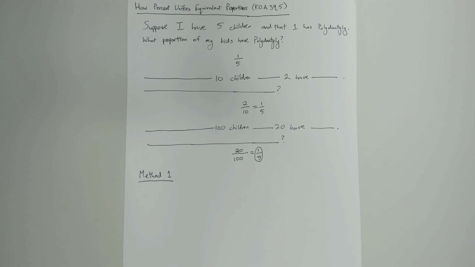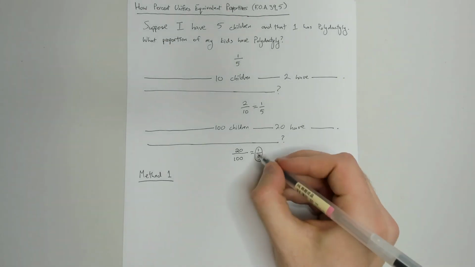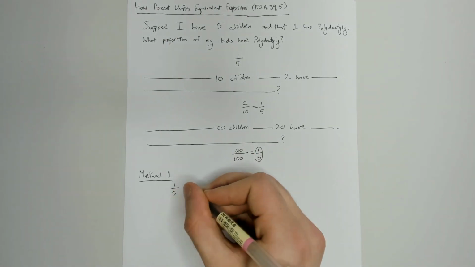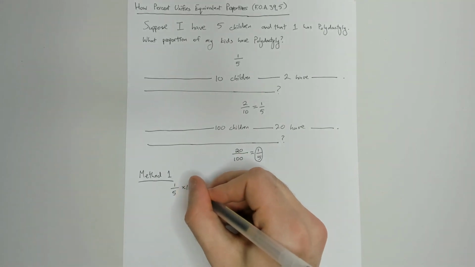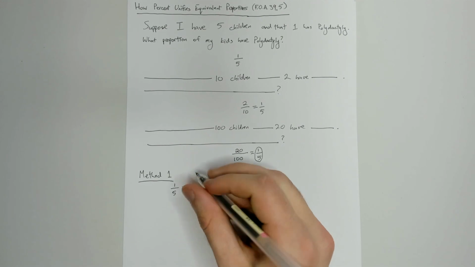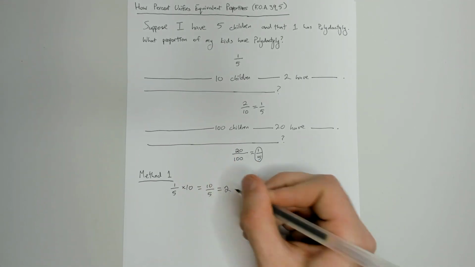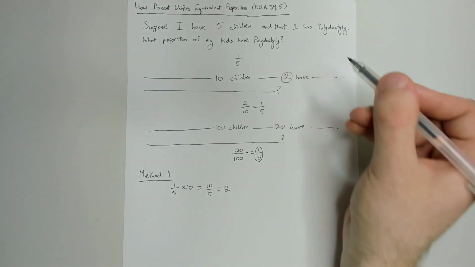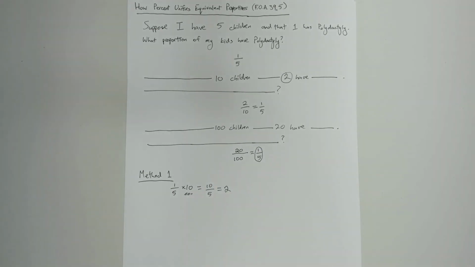The first method is to look at what we did in the earlier videos on proportions, where we saw that we could apply proportions to groups of different sizes and figure out what piece of that group reflected this fraction. For example, if we take 1/5, our proportion of my kids who have polydactyly, and apply it to 10 children, we get 10 over 5, which is the same as 2. So we've recovered the 2 that had polydactyly by applying this simplified proportion to the total.